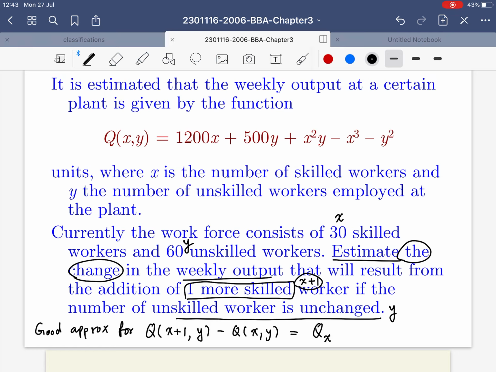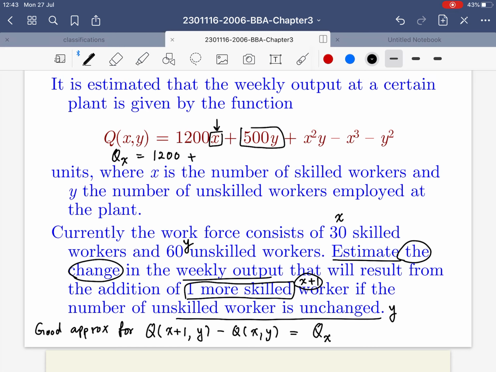You are already given Q, so can you find Q sub x, the derivative with respect to x? Here it is 1200, and the derivative of x becomes 1.